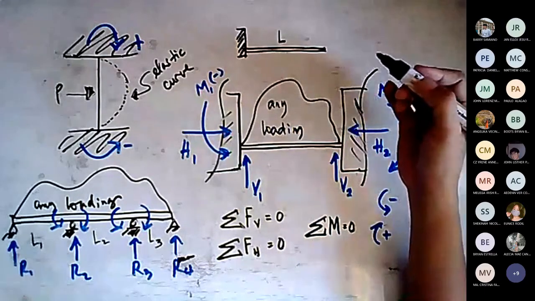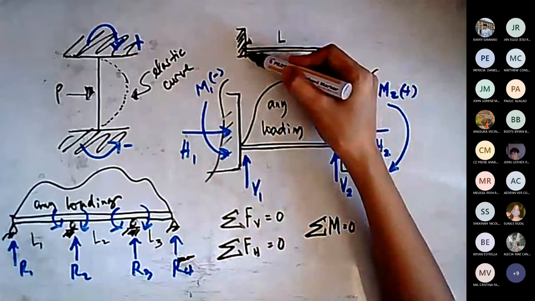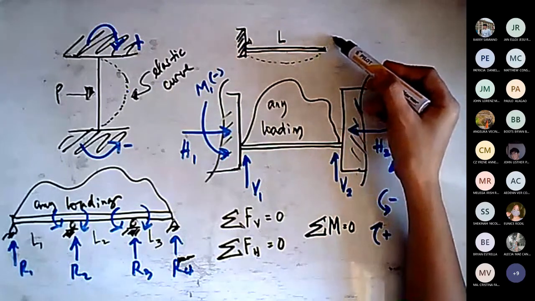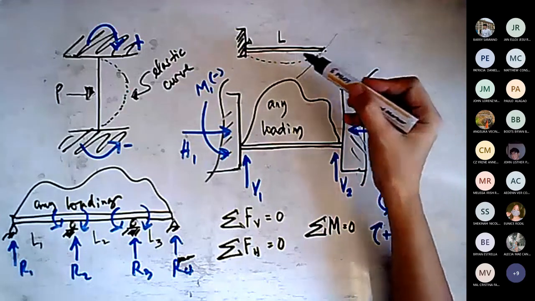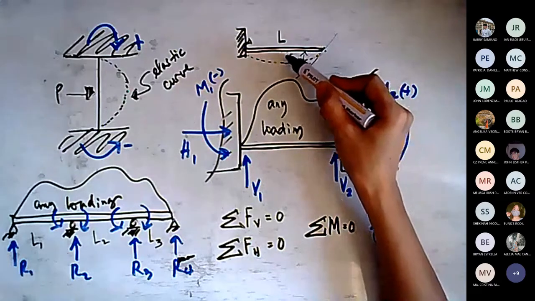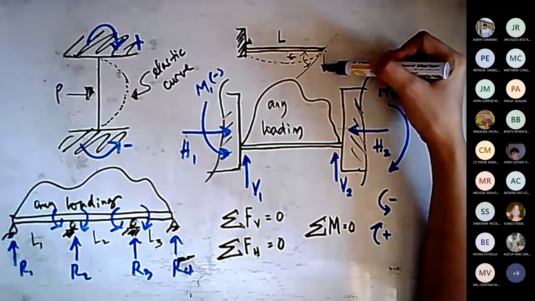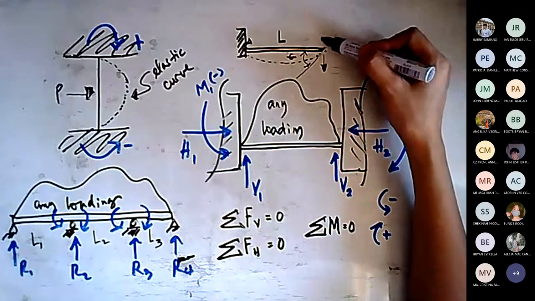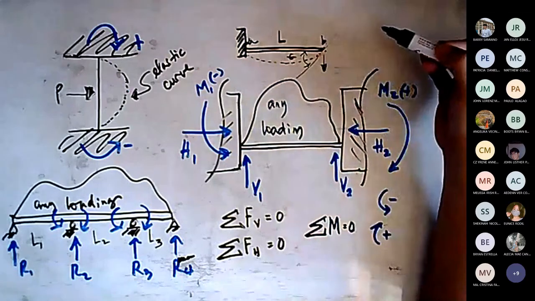So if we have a cantilever beam such as this one, the rotational stiffness that we call, if we put a tangent line here, it has an angle. Okay? And of course, if you have a load here, definitely the deflection, right? Remember, the maximum deflection is at the free end in a cantilever.